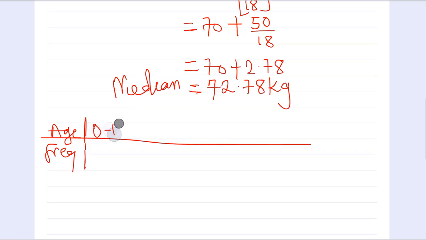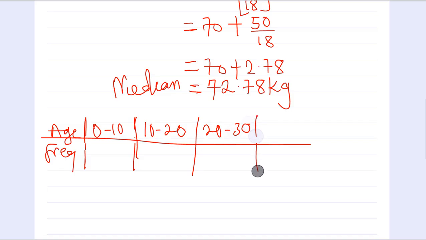You have 0 to 10, 10 to 20. You can see it is continuous. Then we have 20 to 30, and then 30 to 40. The frequencies are 5, 25, 60, and 18. Find the median.